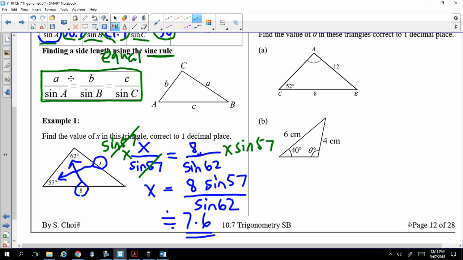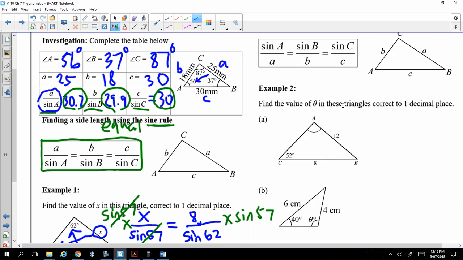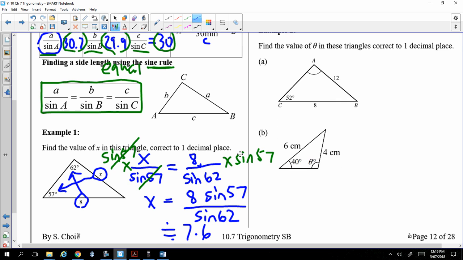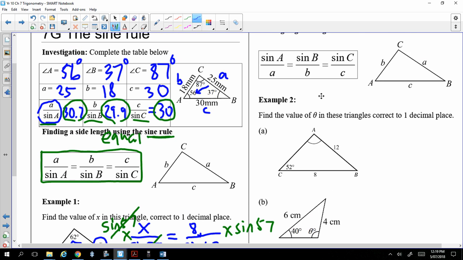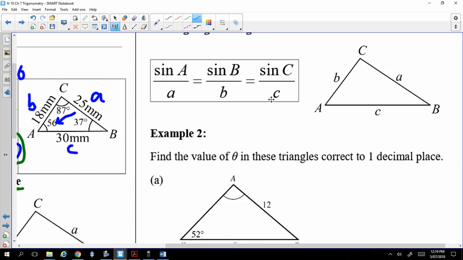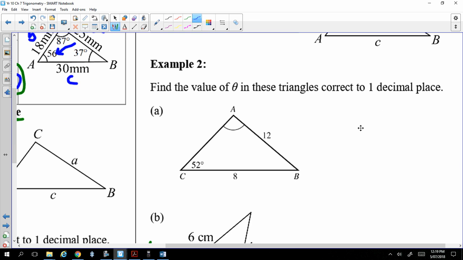All right, we've got another formula. What if you want to find the missing angle? Well, you just flip it. You put the sine A on the top over A, sine B over B. It's the same formula. We'll put the sine A on the top because we're finding the angle. So to find the angle, we'll do the same thing. You use this formula. So we've got theta here, which I forgot to label.